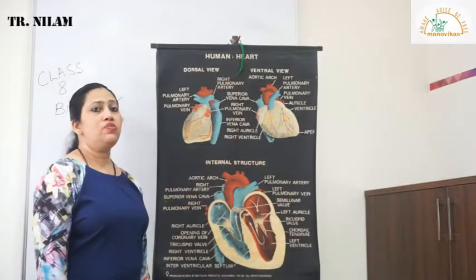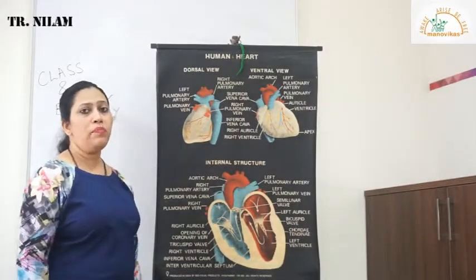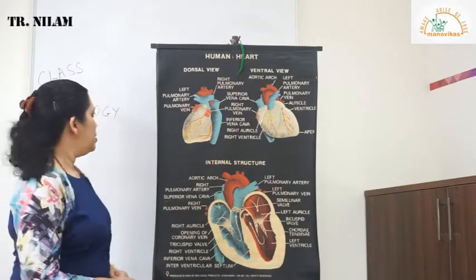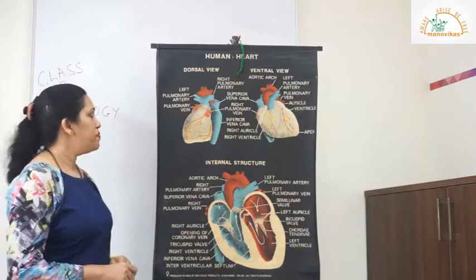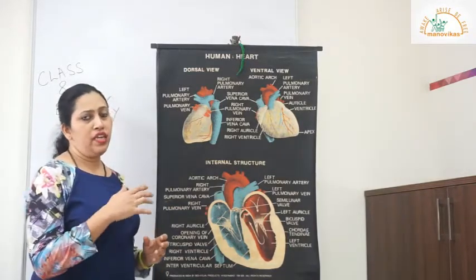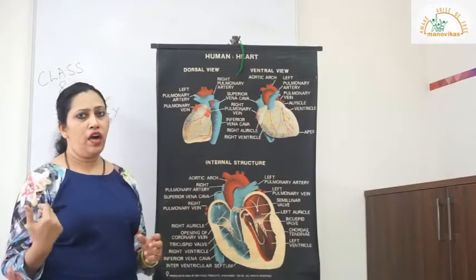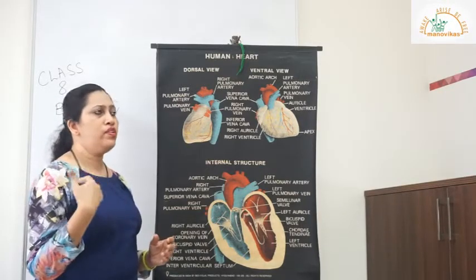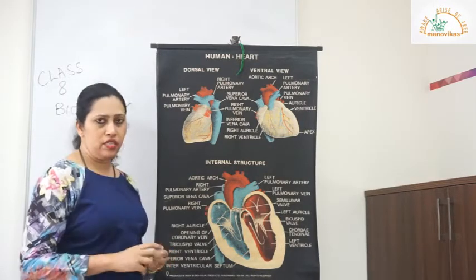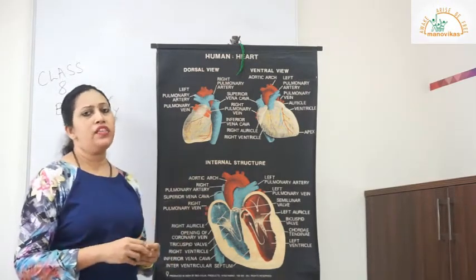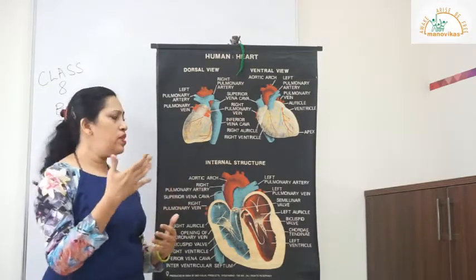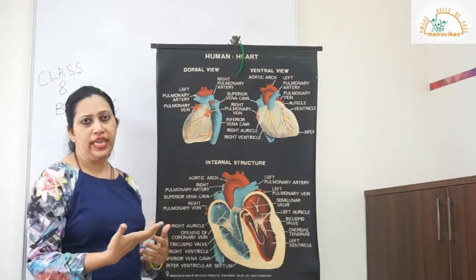Good morning students. Today we are studying all the blood vessels, the names of the blood vessels in our body. As I told you earlier, the veins and the arteries take the blood away from or bring the blood to the heart, and there are very thin blood vessels in between them, the capillaries, where the exchange of water, carbon dioxide, oxygen, waste and nutrients takes place between the blood and the tissues or cells.